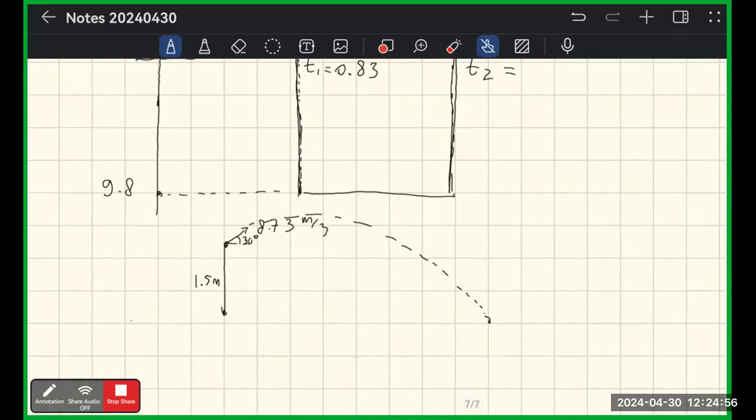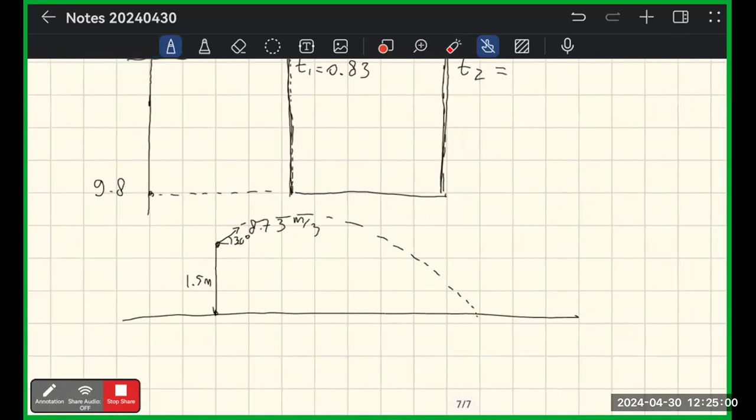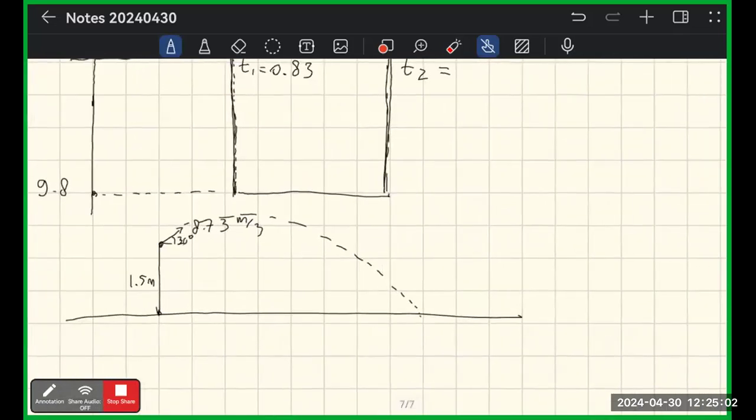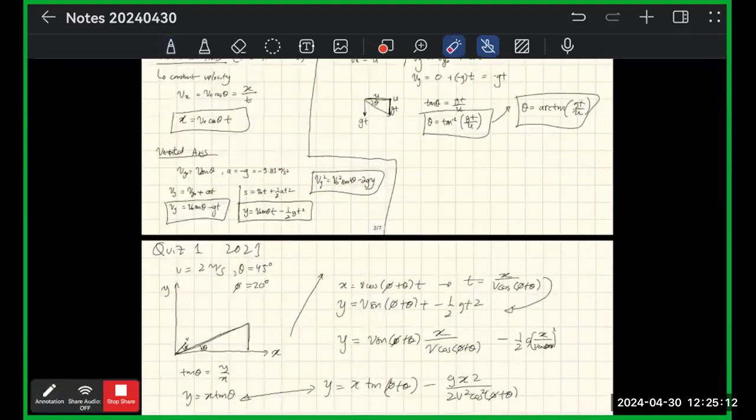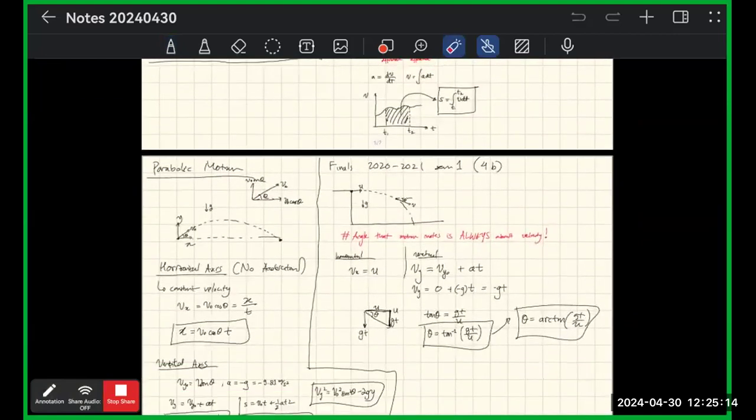Okay, how to find the time? You just use the equations that I gave you before. So we just take this first thing as point x and y. To use the equations that I told you about the parabolic motion, just use the initial point as the 0,0 coordinate.